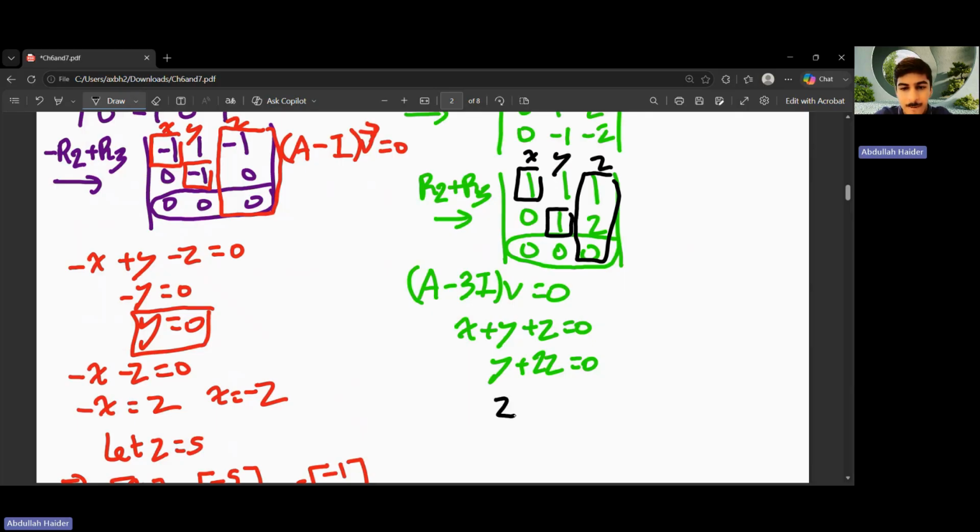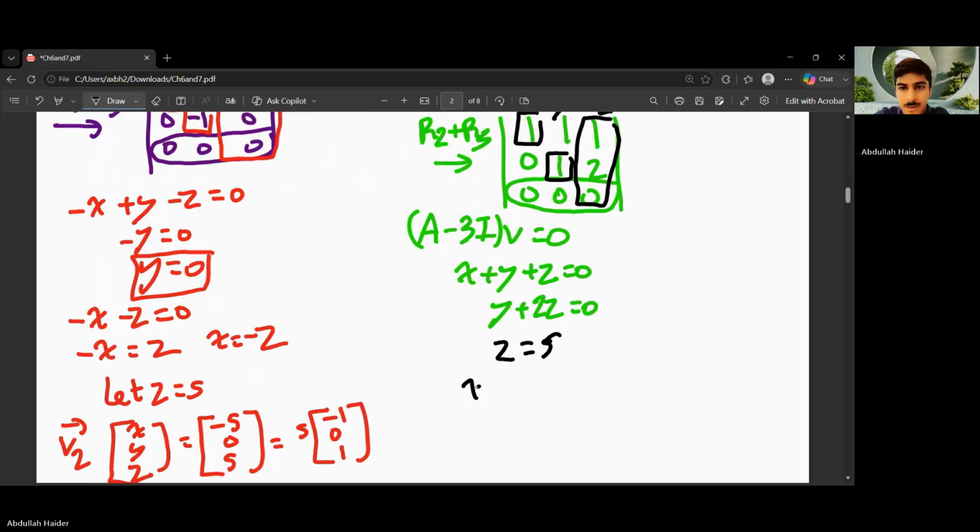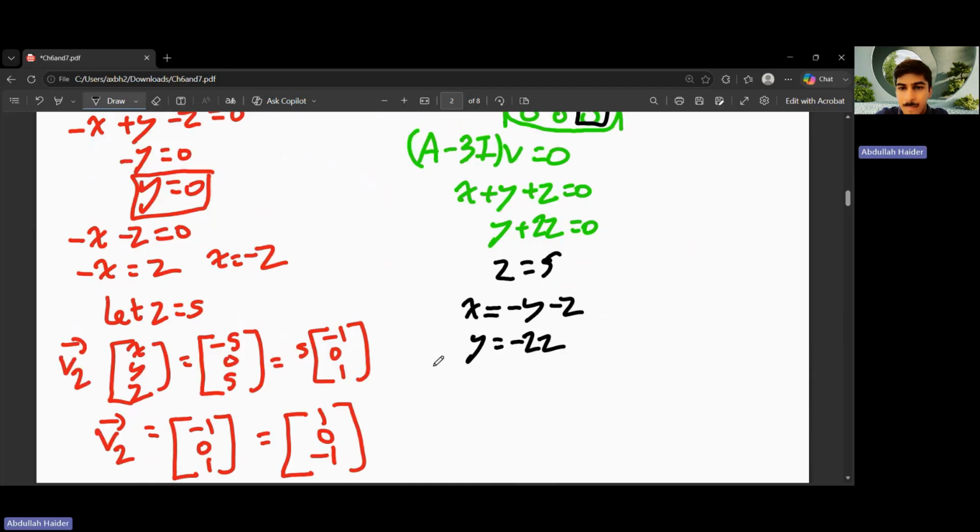Z will be a free variable, so let's say z is equal to s. Meaning x is equal to minus y minus z. Here y is minus 2z, meaning y is equal to minus 2s, and here x will therefore become minus 2s minus s, which is minus 3s.